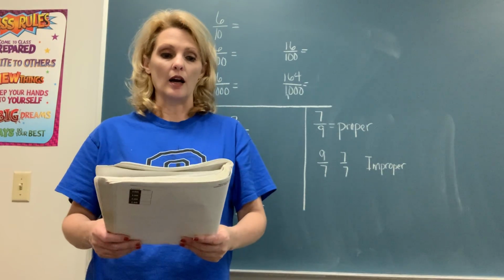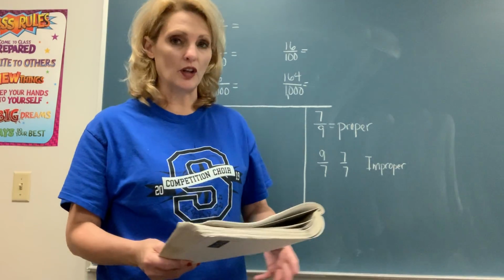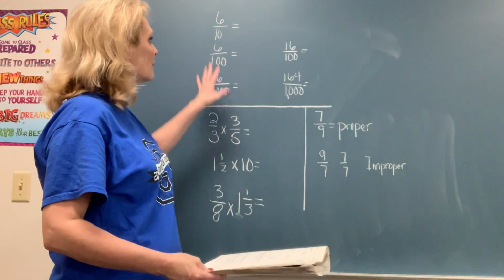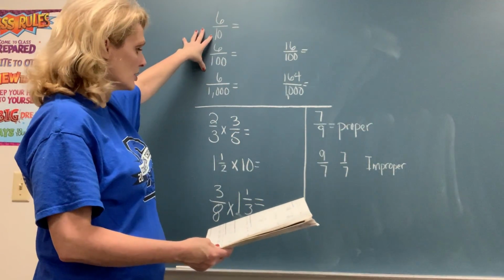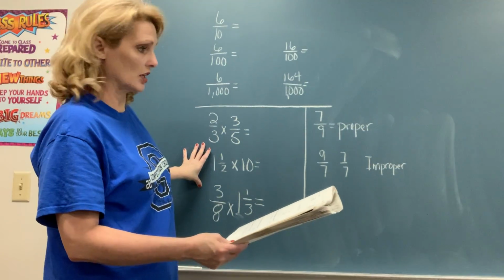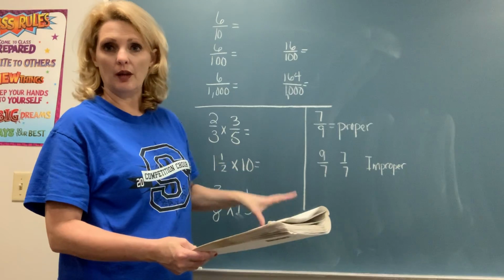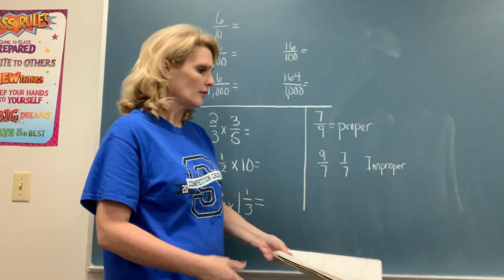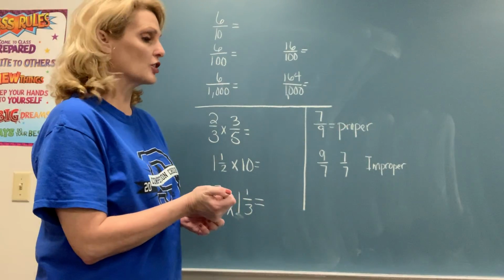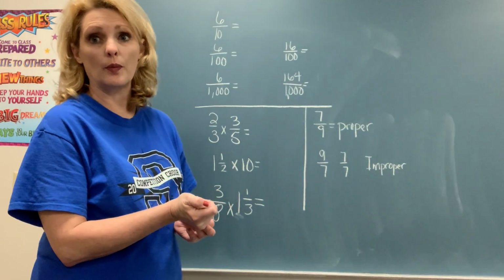Okay? What I did want to review on the board, though, are writing fractions as decimals, and then we have some fractions with cancellation, and then proper and improper fractions. So the very first thing we'll talk about will be changing a fraction to a decimal.